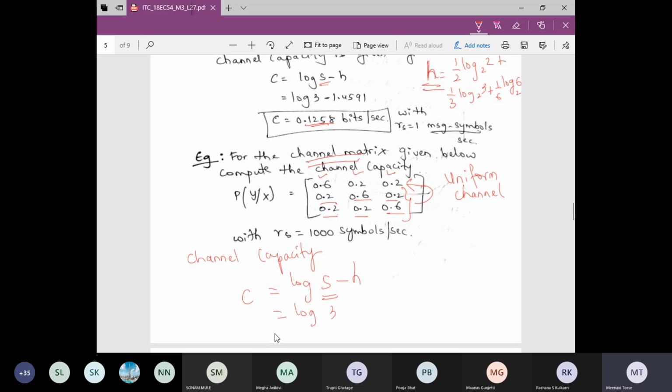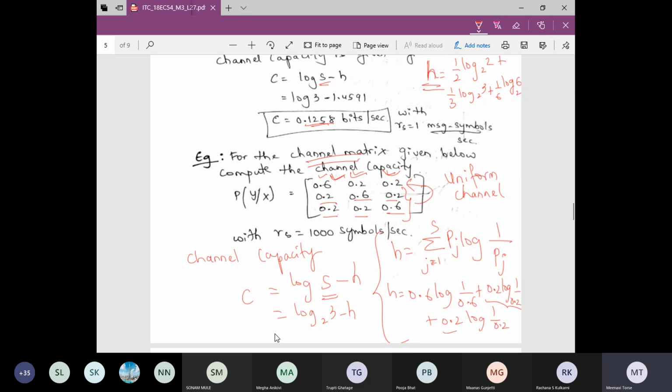Therefore, this will be log 3 to the base 2 minus H. Equation for H is summation J equals 1 to S, P subscript J log of 1 by P subscript J. So we have 3 elements 0.6, 0.2 and 0.2. 0.6 log 1 by 0.6 plus 0.2 log 1 by 0.2 plus 0.2 log 1 by 0.2.